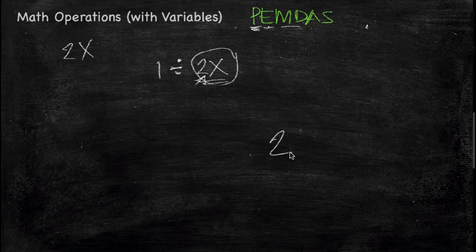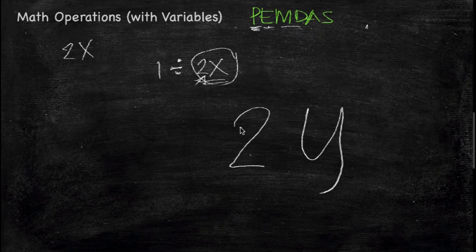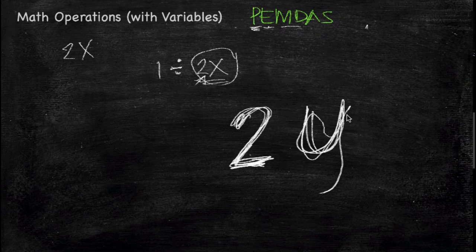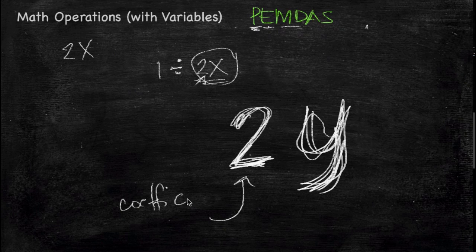So if you have 2y, ayan. Ito, ang tawag natin ay coefficient.